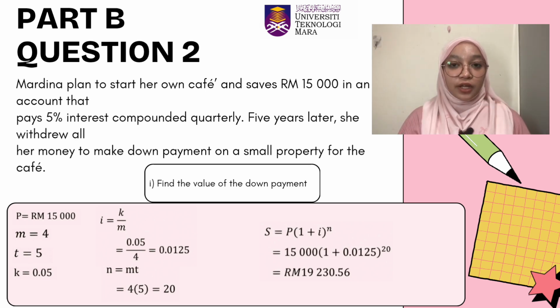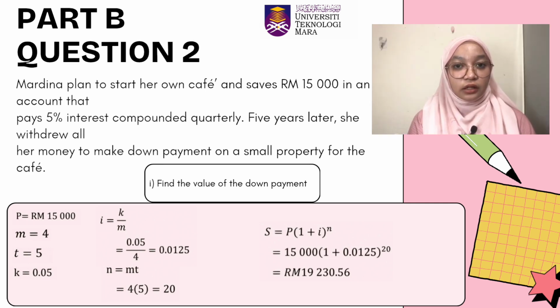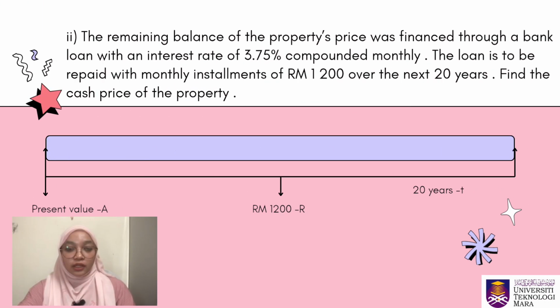We can find the value of n using the formula n equals mt, and we got the answer of n is 20. Also, we can find the down payment using the formula S equals P times (1 plus i) to the power of n, and we got the answer RM19,230.56.